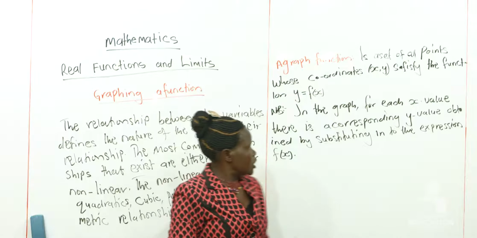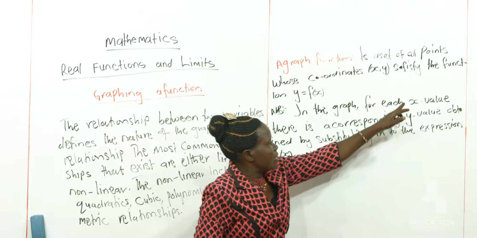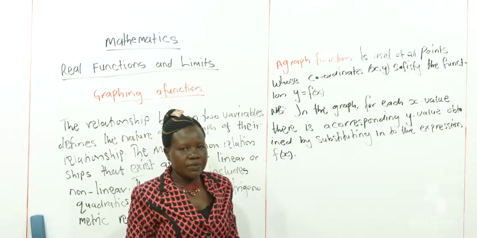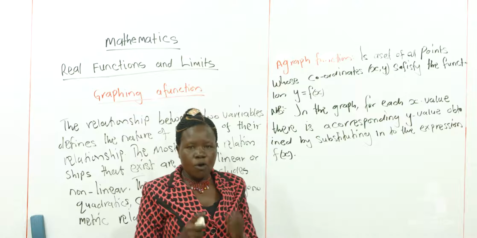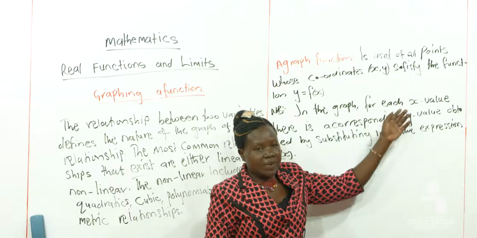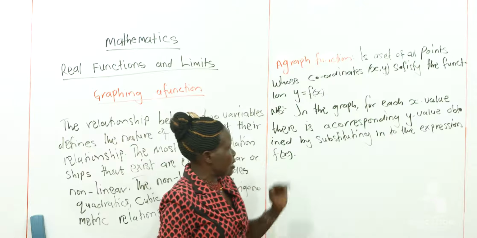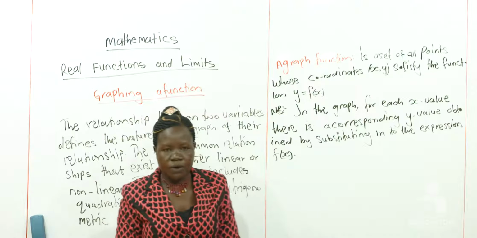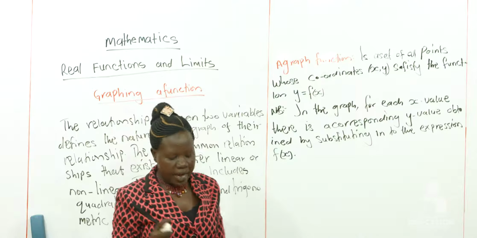It means we need to get the values of x, which are the domain. Remember when we introduced the lesson, we said the domain, or the objects. So the object must be given, which is on the x-axis, and then it becomes easy for you to get the codomain, which is on the y-axis.